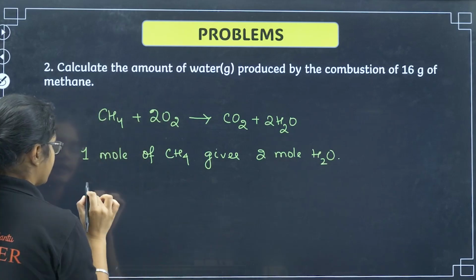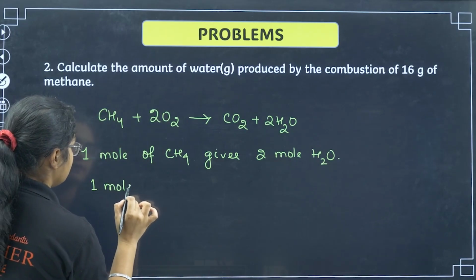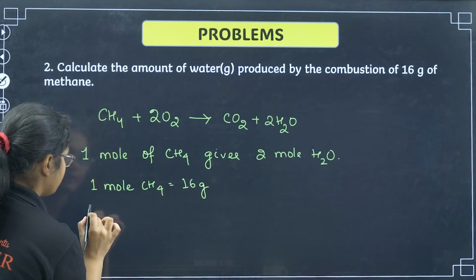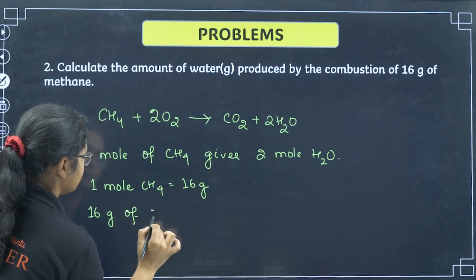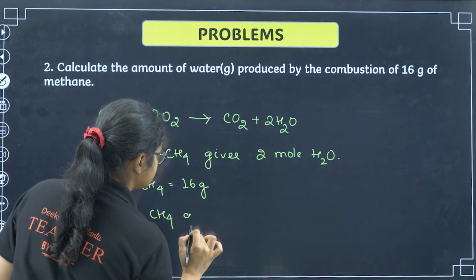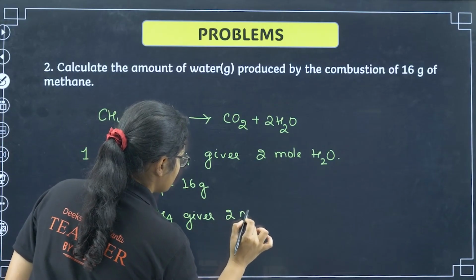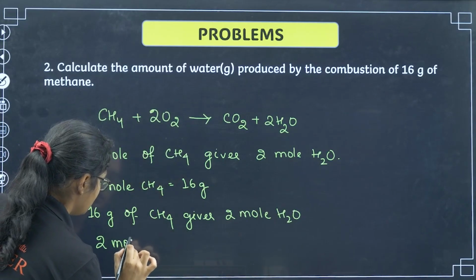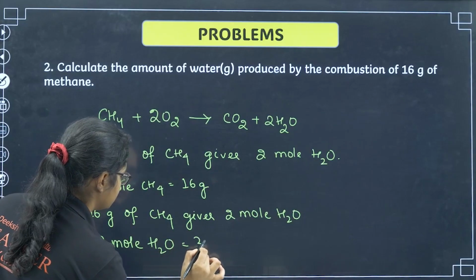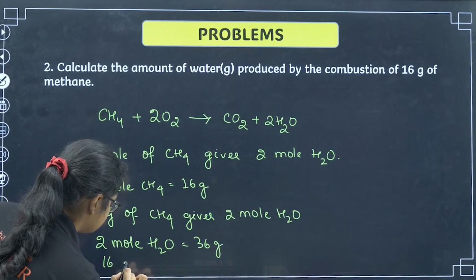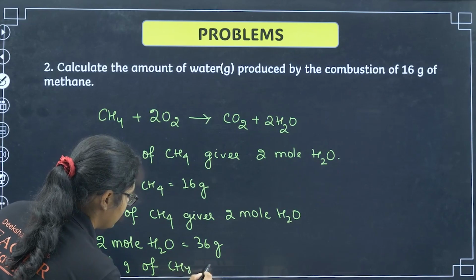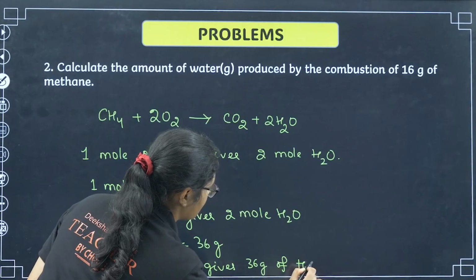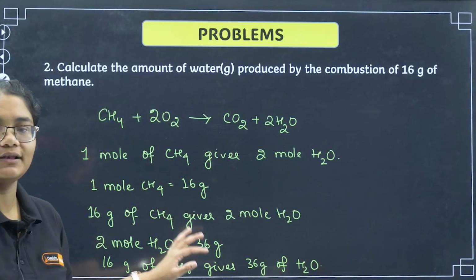Then I can say 1 mole of methane is equal to 16 grams, so I can write 16 gram of methane gives 2 moles of water. Then you can write 2 moles of H2O is equal to 36 gram. So I can write 16 gram of methane gives 36 gram of water. That has to be the final answer.